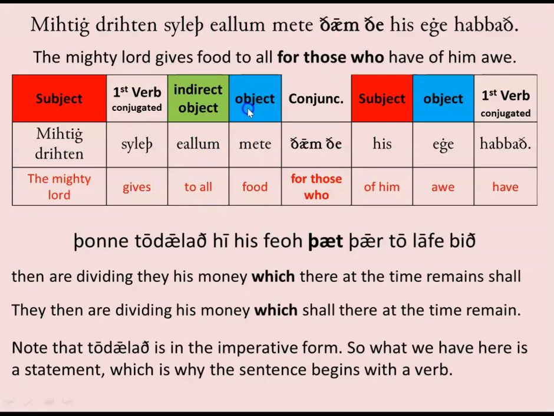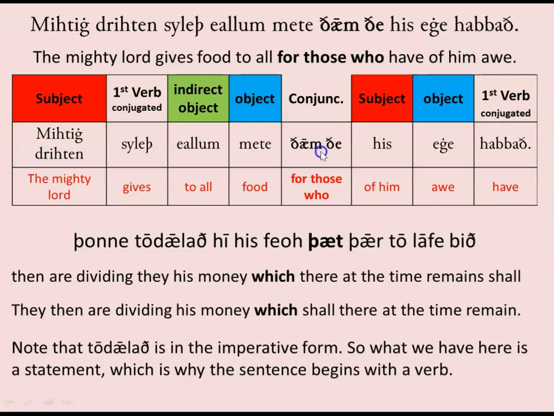The object here is meta. We know it's the object because meta is food and it's in the accusative, so it's the direct object. So the mighty Lord gives to all food, or gives food to all. And then we have this relative conjunction. We know it's relative because we have the, which is which, who, those, what. Then we have in the front tham. Now, what is tham?